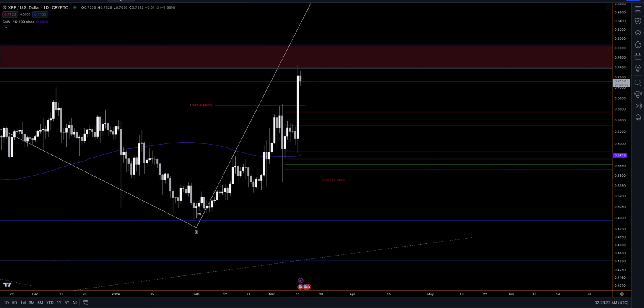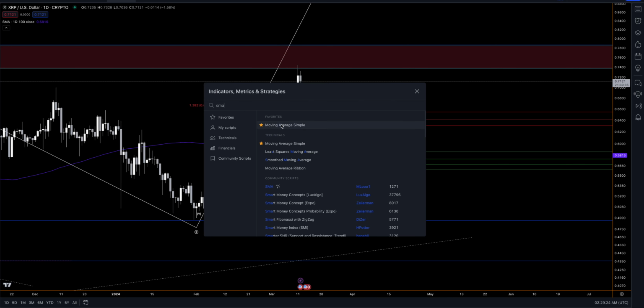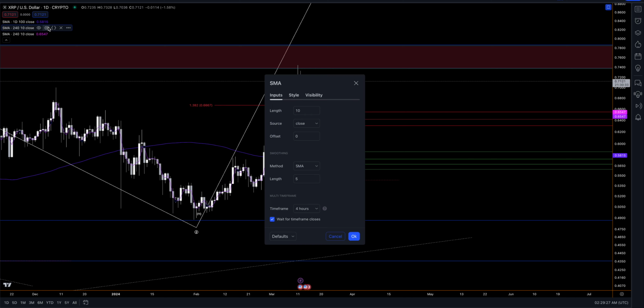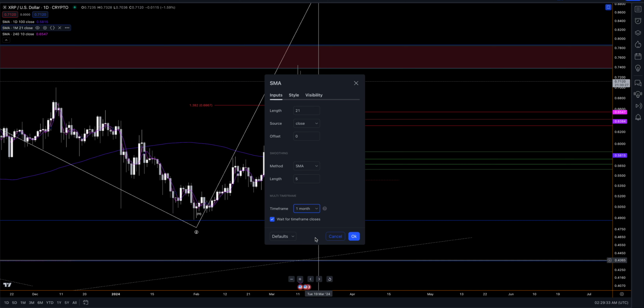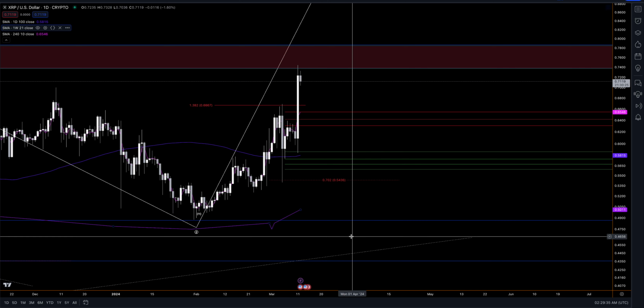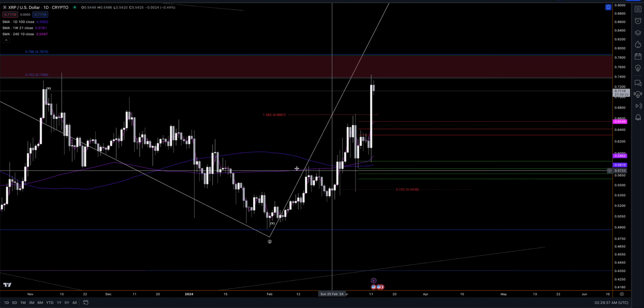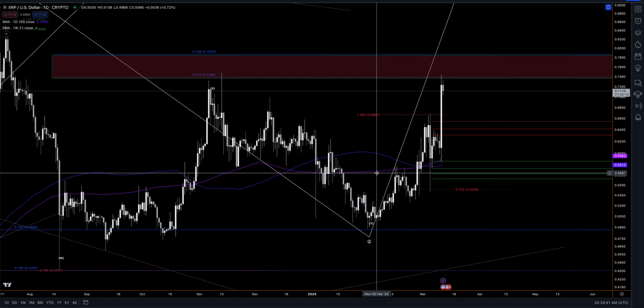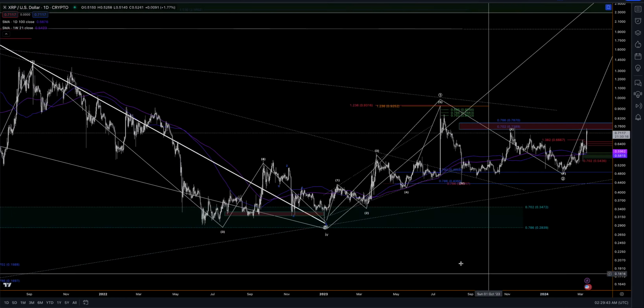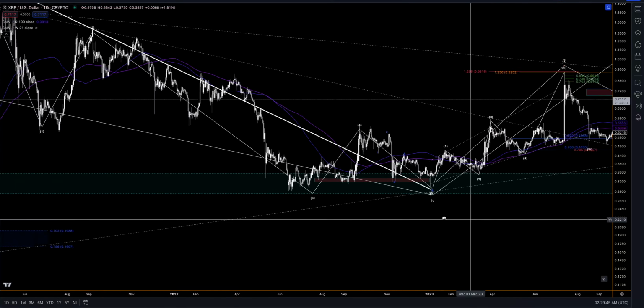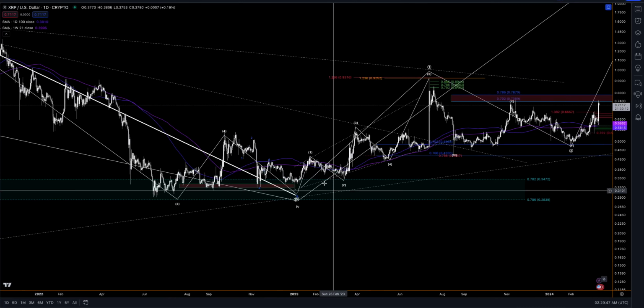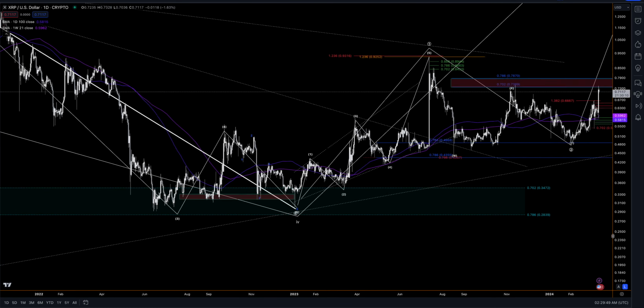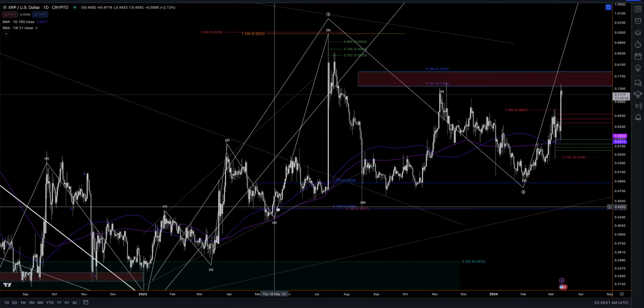Okay, we're also above the 21-week SMA, which was popularized by Stan Weinstein. Okay, see how we're above this 21-week? That's very, very significant. The last time XRP found support above the 100-day and the 21-week, we went on a huge run.